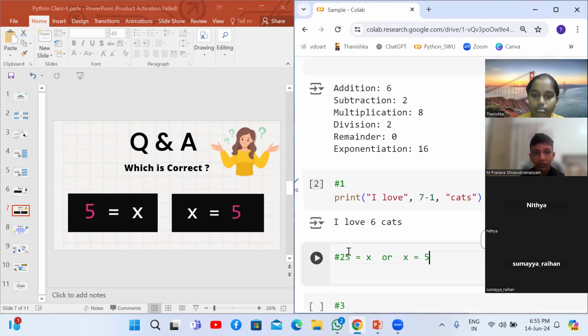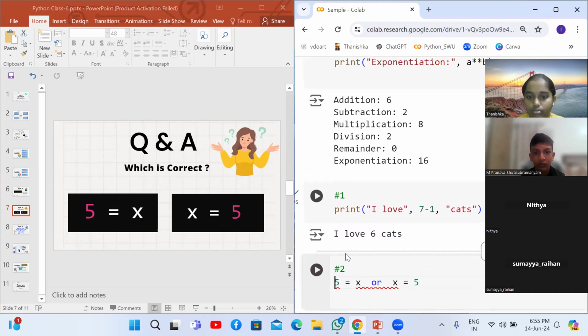But you can observe that in the first option the constant is first, that is 5, and then there is a variable. So here we are already having a value for the constant, and we can't change the value of a constant again. We can't assign that. So 5 equals x will be wrong.